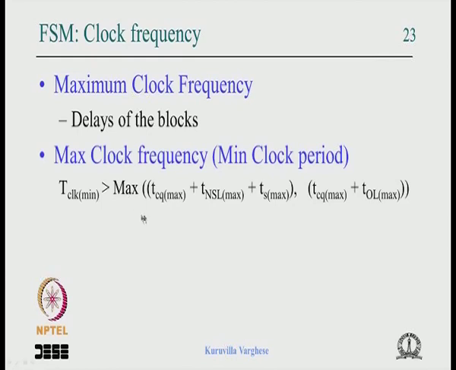So that is the maximum frequency we are putting here. We choose the max of 2 paths: TCQ plus TNSL plus TS, and TCQ plus TOL, everything at max. You should know that even when we use the tool, for the clock period we use the maximum time delay, and for the hold time violation we use the minimum delays, because the hold time violation happens with the same edge.